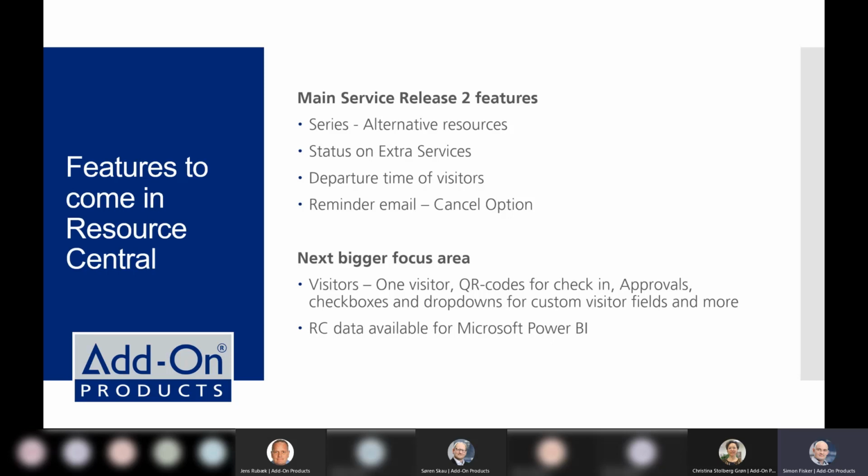Now it will be possible for each and every one of them to have their own extra service status, to tell the organizer, no, you could not have that special seating arrangement, sorry, but you could have the projector, and the catering is telling you can have the tea and the coffee. So really a fundamental feature to be adding into our current product. So looking forward to seeing that go out here in Q4.